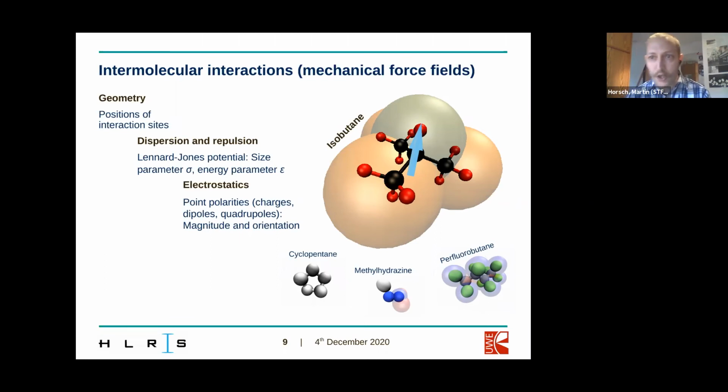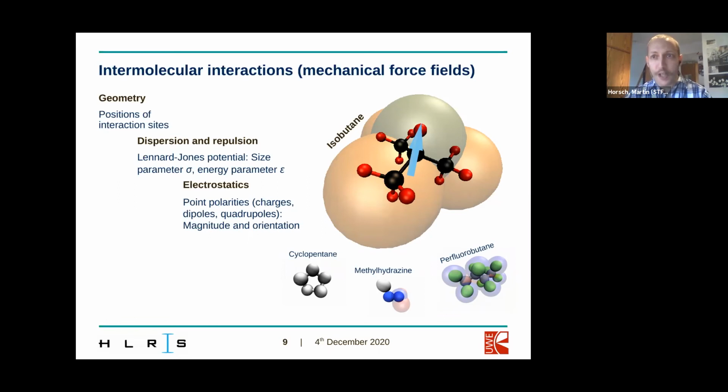Electrostatics, for which Coulomb interaction sites based on Coulomb's law are introduced, and dispersion, also known as the van der Waals force, which is attractive, and repulsion, which are modeled by a semi-phenomenological contribution, which is in the most popular case, the Lennard-Jones potential.